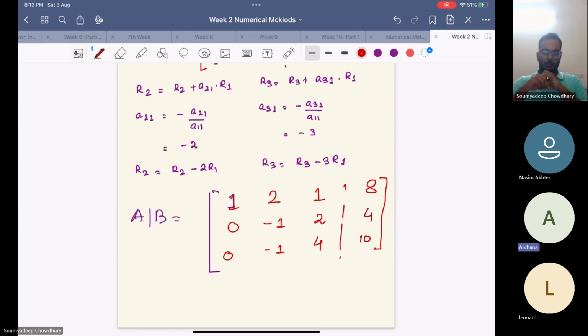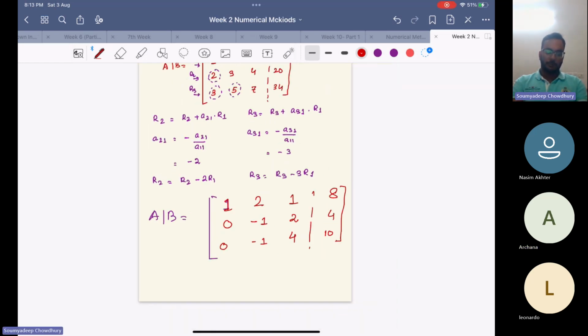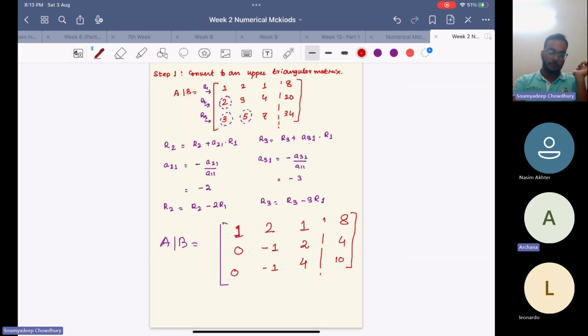Yes, sir. Okay. In the next step, we have made two elements 0, so this element is 0 and this element is 0. Now this element we have to make 0.